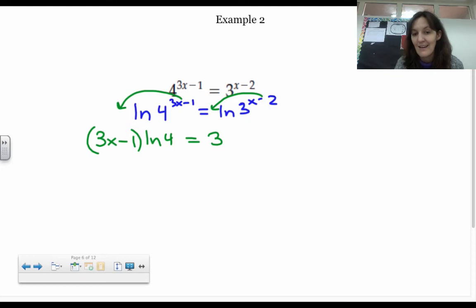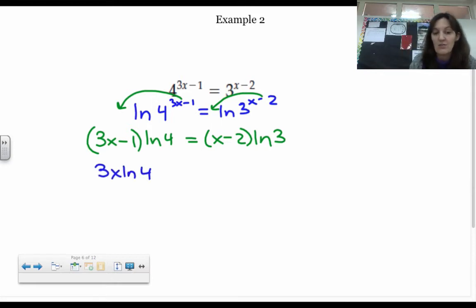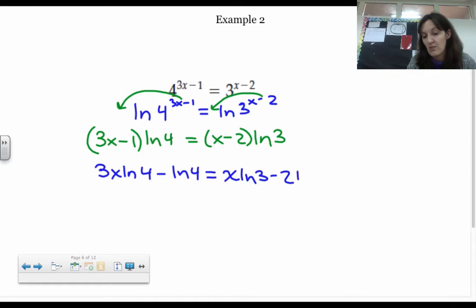equals x minus 2 times the natural log of 3. Now I want to get the x's alone, but I have to simplify first, so I need to distribute. I end up with 3x ln 4 minus ln 4 equals x ln 3 minus 2 ln 3. Now again, this is all algebra.